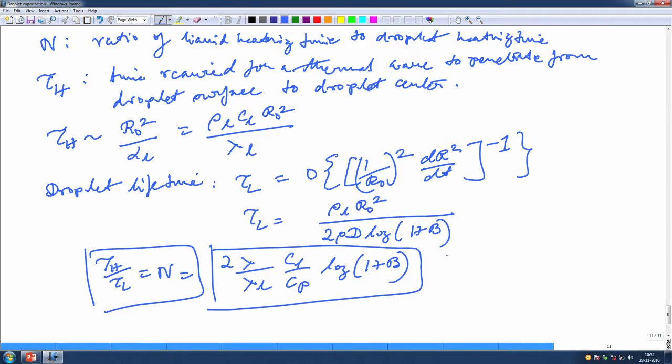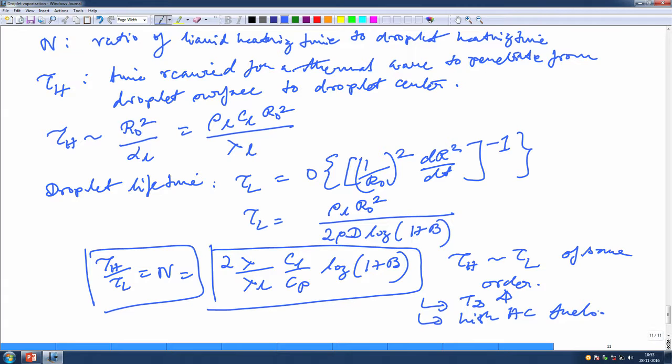In most of the cases you will find that tau L and tau h are of the same order, okay. This is particularly valid if for a large portion of the droplet lifetime, and it especially happens when your ambient temperature is high, particularly when your T infinity is quite high, okay, and you have higher hydrocarbon fuels.